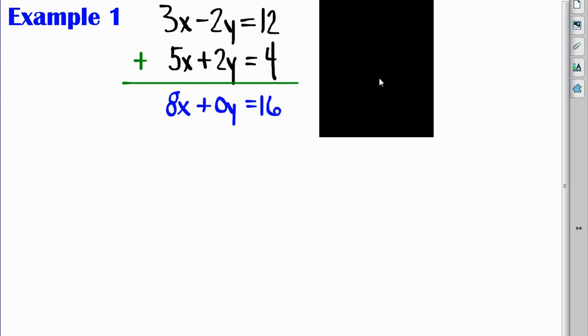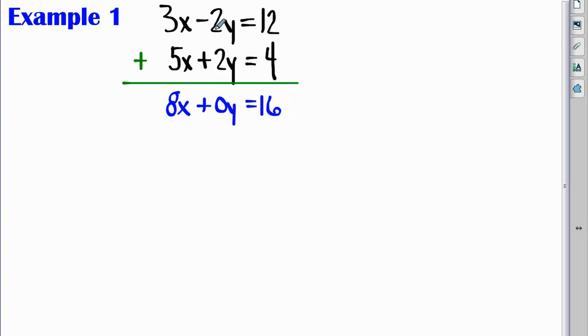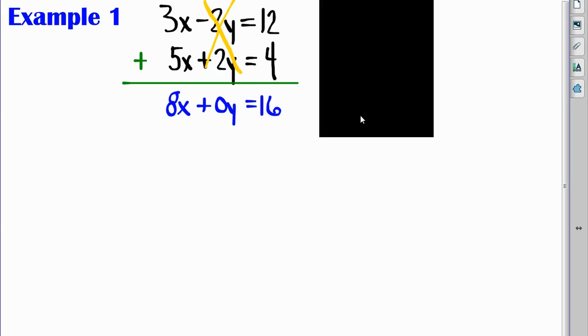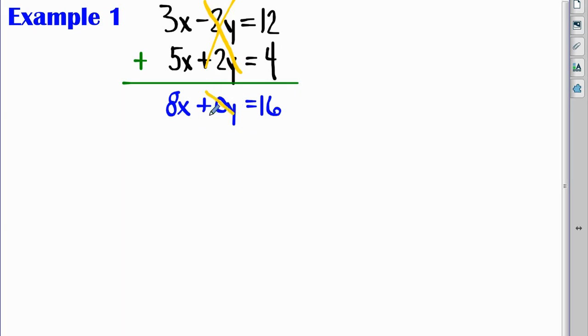Now we don't typically write that 0y because 0 times anything is nothing, and then nothing plus 8x, we don't have to write. So oftentimes I'll just put a slash through those, maybe an X, to show that we're canceling it out. Let me cancel it here as well because this is 0.